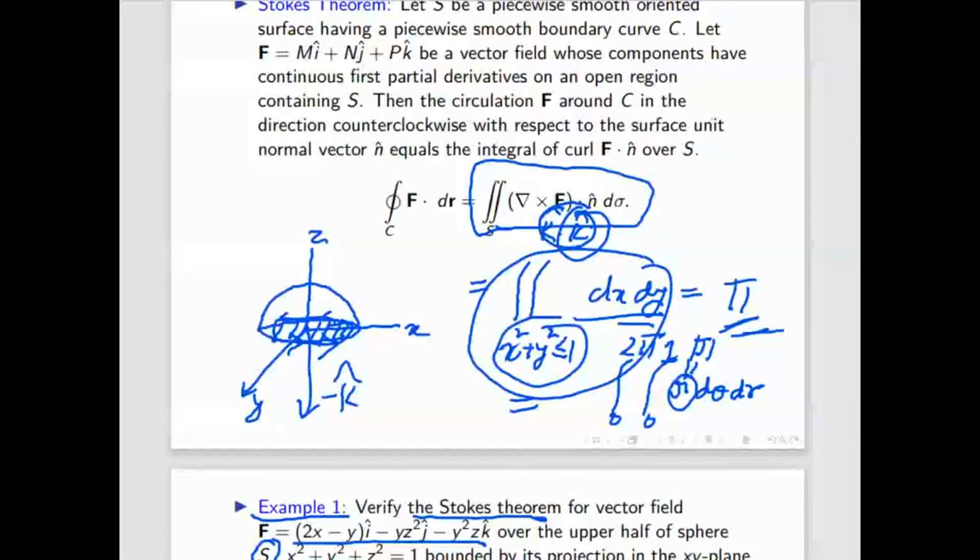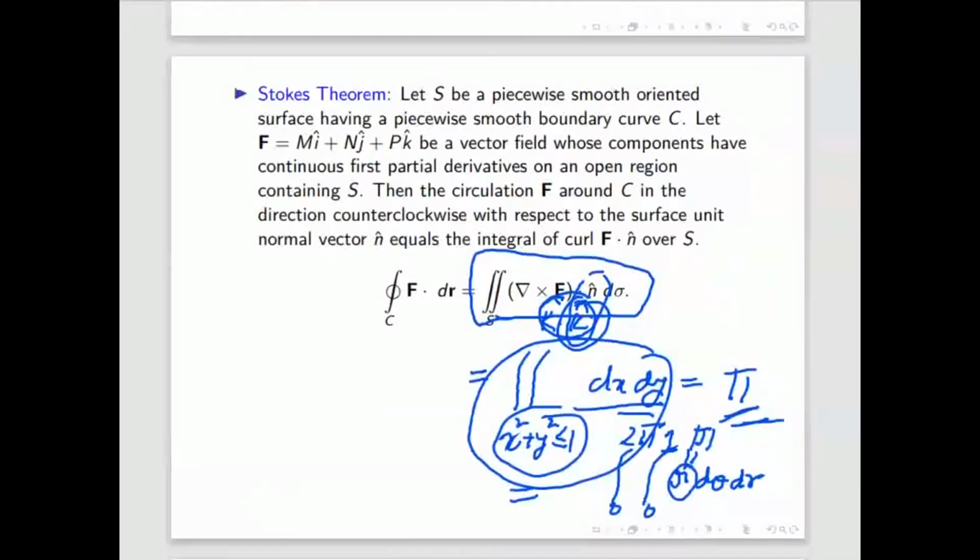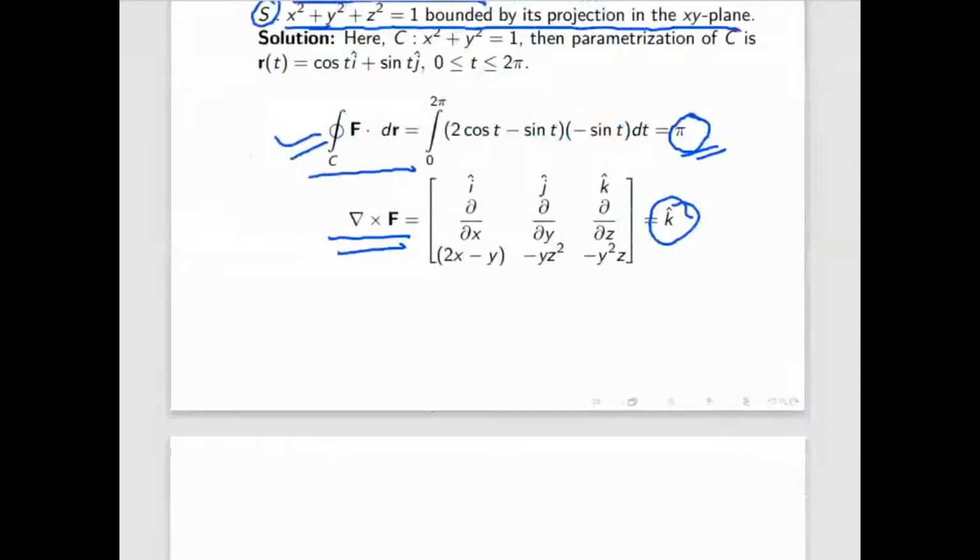If you do the question, just keep this Gauss divergence theorem in mind, and you can directly write this. This is the surface circle, and the normal will be in the z direction. If this is the x-axis and this is the y-axis, then the normal will be in the z direction of this circle. So the normal is k cap, which I already proved by parameterization of RU cross RV. So in the exam also you can directly use it, if you understood this properly.